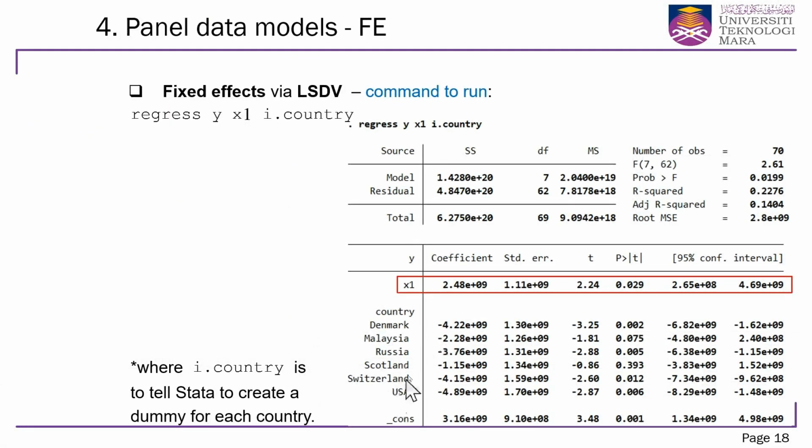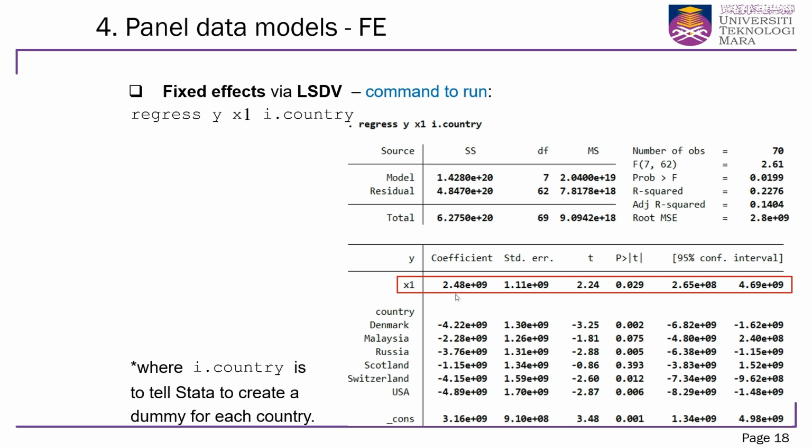Firstly, note here, there are specific intercepts or coefficients for the country dummies. But we don't see Australia as the first country in the sample because the base dummy here is meant for the first country, which is Australia. From the result, we can clearly see that in least square dummy variable estimation, the coefficient for x1 is 2.48.